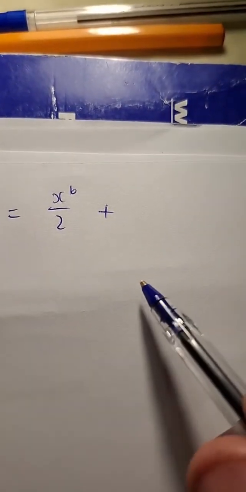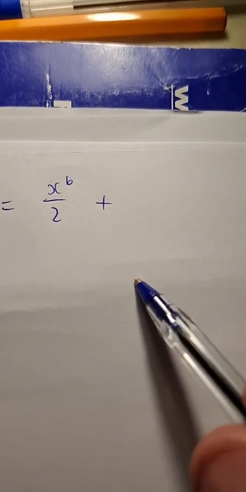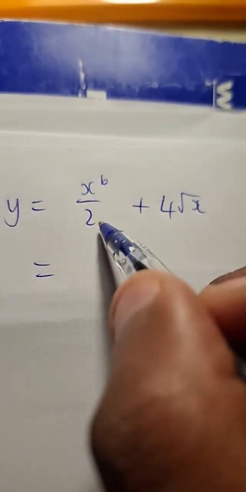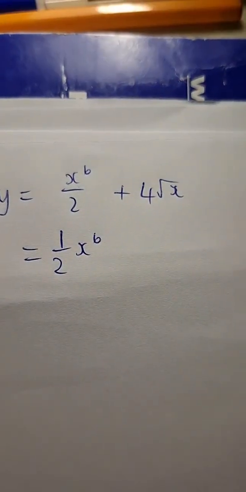Then we need to make sure all roots are converted to exponential form. For instance, 4 has a root x. So x to the power 6 over 2, we'll write as a half x to the power 6. Do you see how we did that?